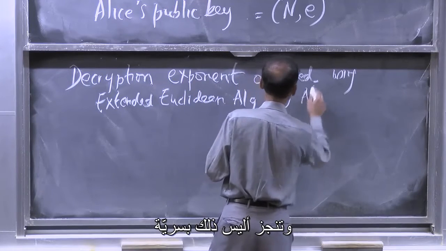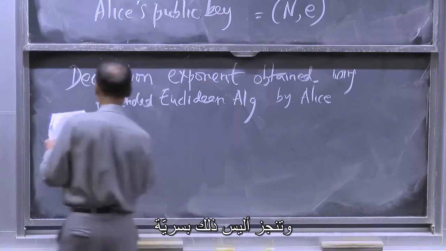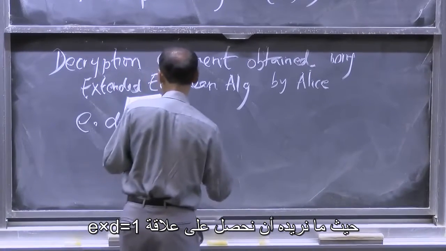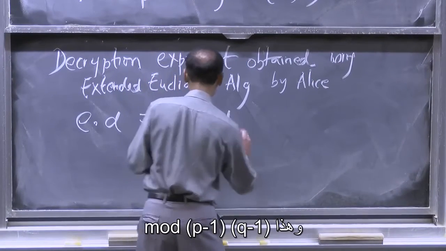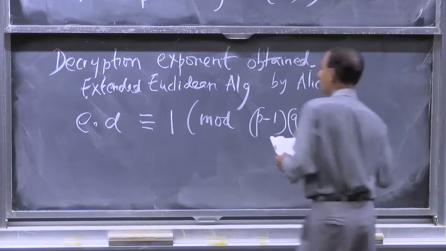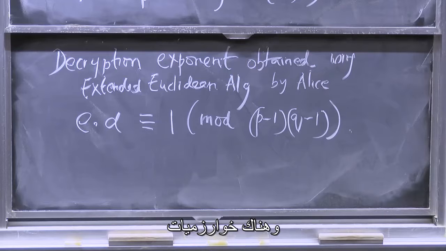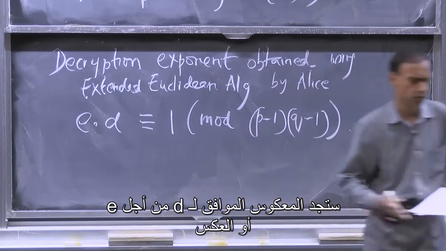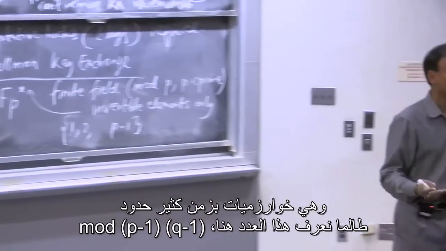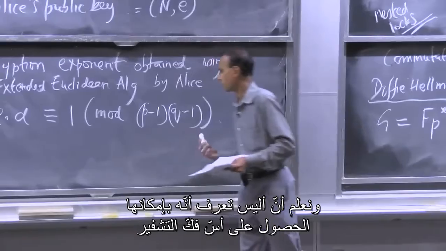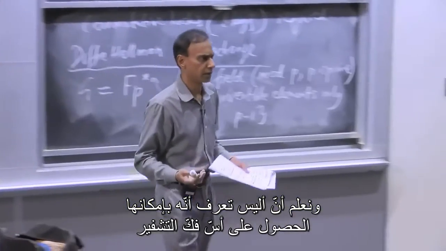And this is done by Alice secretly, where what you want is to have the relationship that E times D is 1, and this is mod (P minus 1)(Q minus 1). And there are algorithms out there that would find the inverse that corresponds to D for E, or vice versa, and they're polytime algorithms. As long as you know this number here, mod (P minus 1)(Q minus 1), and you know that Alice knows that, you can get your decryption exponent, right?